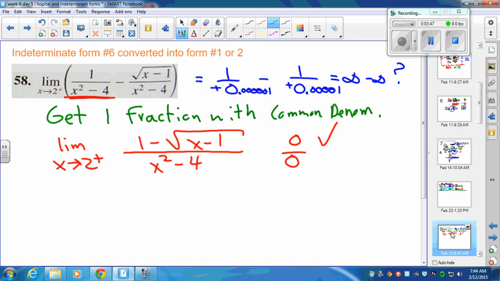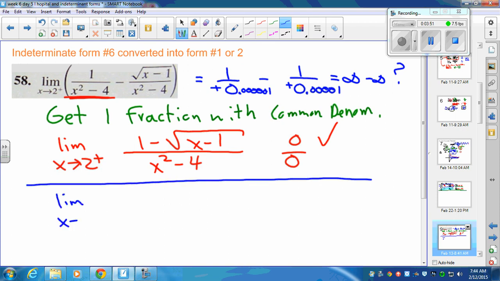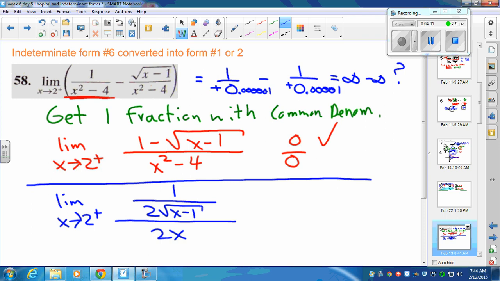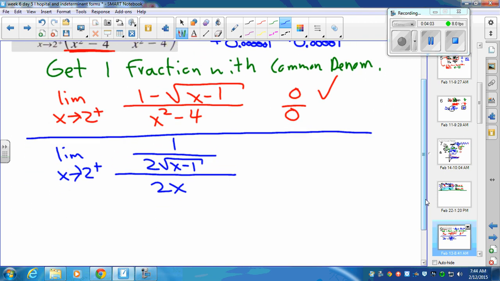So I'm going to do Hopital on this. And I'm going to take the derivative of both guys on top and on bottom. And before I would answer the question, I would merge it. I don't like this big tiered fraction, so I'm going to rewrite this as a 2-tiered fraction.